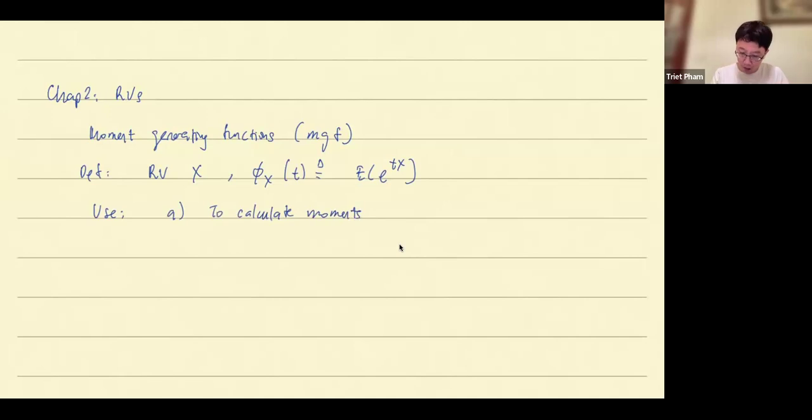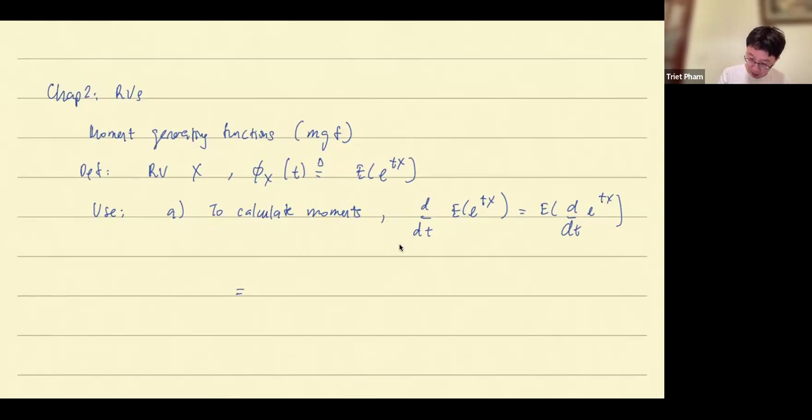And we explained last time how, if you differentiate the moment-generating function, then you can exchange differentiating and integrating. And since you're differentiating with respect to t, basically this gives X times e to the tX.